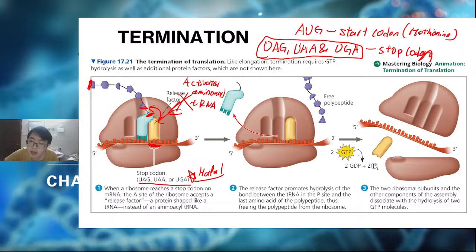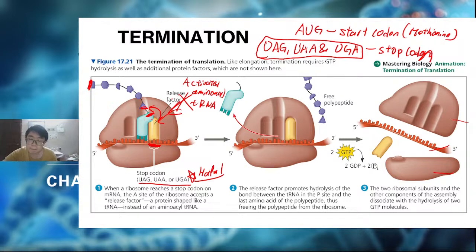And then the final process requires GTP, and then the two ribosomal units and other components, all of these components, large unit, small unit, and also mRNA will be hydrolyzed and released.